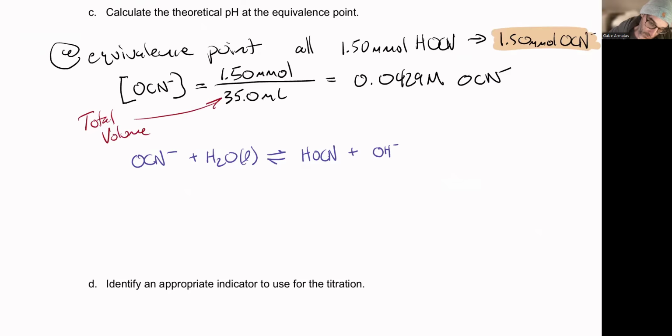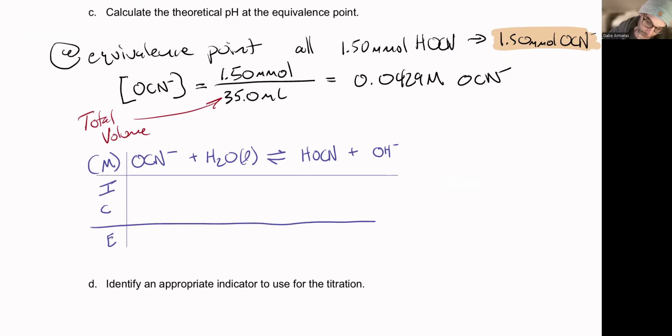We're going to turn this into an ICE table because that's how we do determinations of pH. Molarity, initial, change, equilibrium, and we're interested in that equilibrium number.